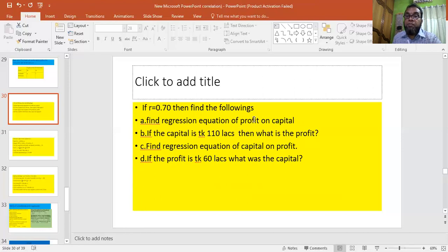So these two maths, A and C, are totally different. You have to understand what is given, what has to be found out, what is the dependent variable and what is the independent variable.